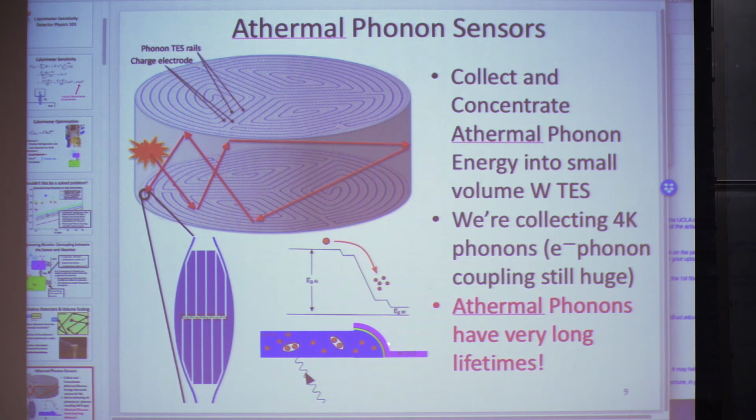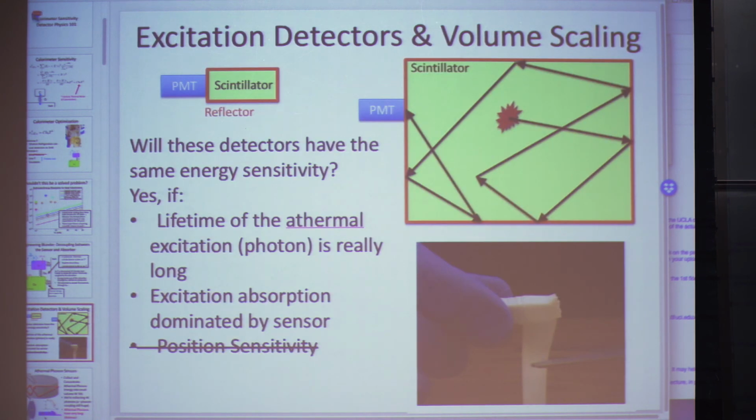So what happened here? Notice that the coupling of these athermal phonons occurred at 10 Kelvin, not at 10 milliKelvin. So the coupling was enormous, that electron-phonon coupling. We bypassed that problem that we had earlier in this slide.